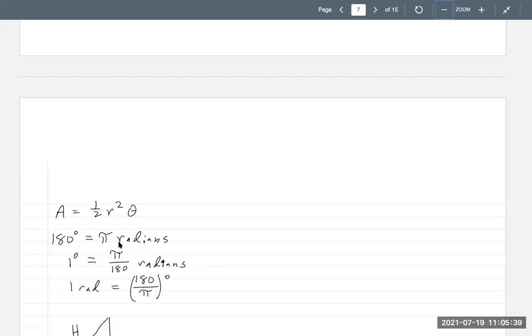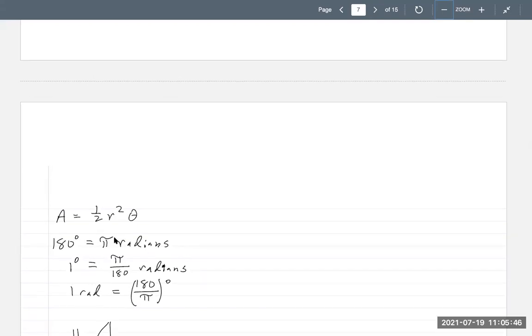If you do not see me saying that it's in any particular measurement, assume it is in radians. 180 degrees, so half a circle, is pi radians. Therefore, 1 degree is pi over 180 radians. And taking the reciprocal, 1 radian is equal to 180 over pi degrees.